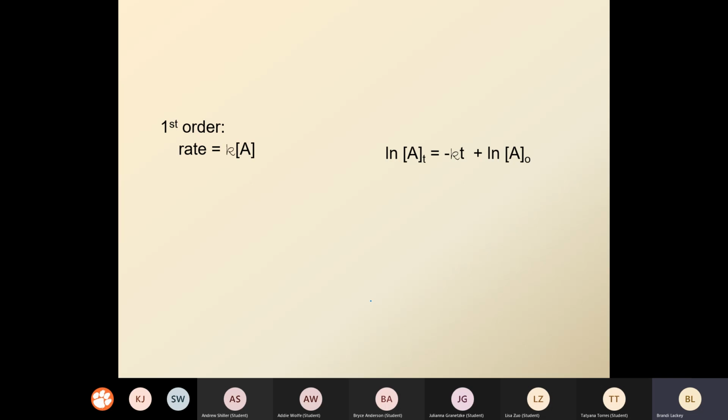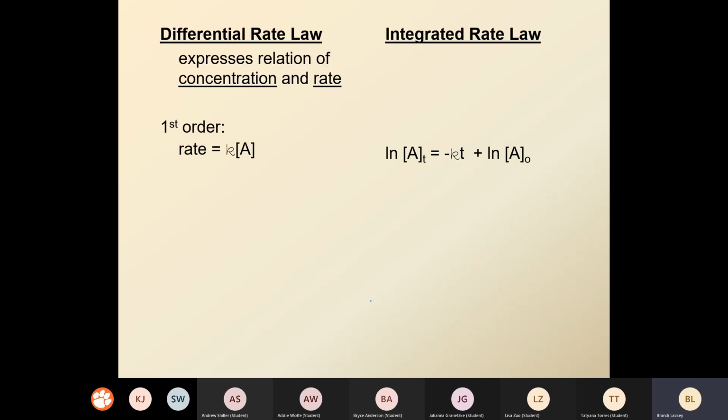Okay. So we said for first order, the regular differential rate law is that rate equals k times the concentration of A, whereas the integrated rate law is the natural log of A, so that equation. There is a difference between these.